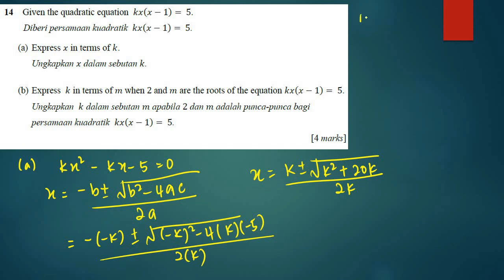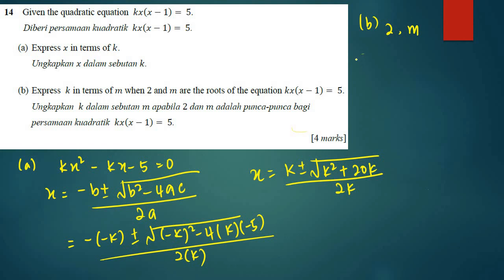Now, question B. Express k in terms of m when 2 and m are the roots of the equation. When 2 and m are the roots, we have a few methods, but I will show you one of them. You can use sum of roots and product of roots. If sum of roots, you see negative b divided by a, so you can't get any k.